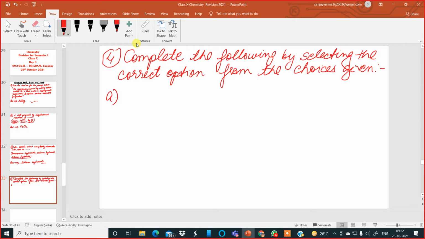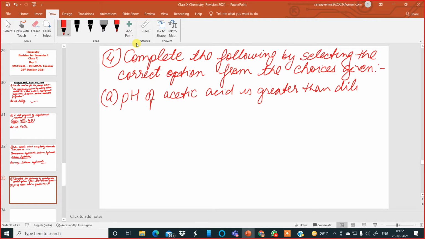Part A, 4A. pH, potential of hydrogen ion. pH of acetic acid is greater than dilute sulfuric acid.